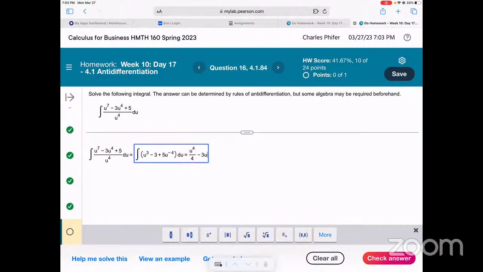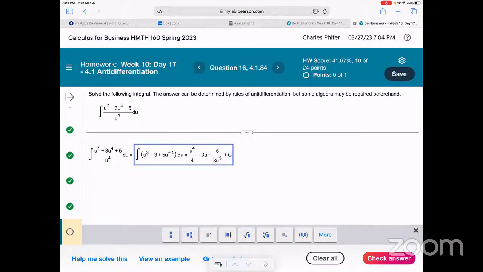So it's going to be negative 5 over 3u to the power of 3, right? Because again, that was u to the negative 3 over negative 3. The negative is there, the 3 is there, the u to the negative 3 is there, and the 5 is there. And then we're going to say plus a constant.